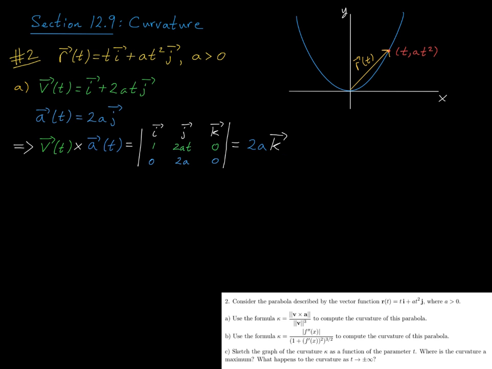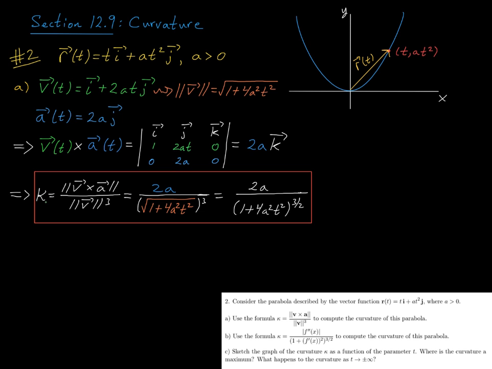Now to compute the curvature, I want to take the magnitude of this cross product of v and a. Since a is a positive constant, the magnitude of this vector 2ak is simply 2a. I don't have to worry about an absolute value because, again, a is a positive constant. Now in the denominator, I want the magnitude of v cubed. I note up here that the magnitude of v is the square root of the sum of the squares of the components of the velocity vector.